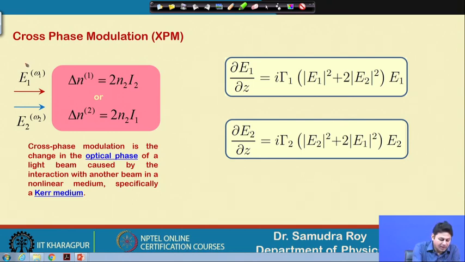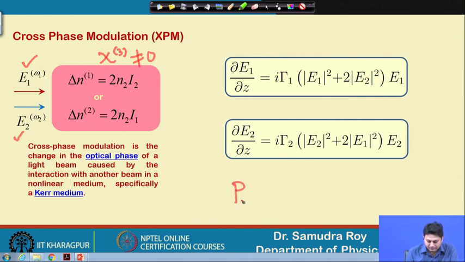Again, let me give you the idea of what is going on. E1 and E2 are two waves propagating together into the medium, and this medium is nonlinear, with third order nonlinearity. So, chi 3 is dominating here, chi 3 is not equal to 0. When they propagate together, nonlinear interaction will take place.